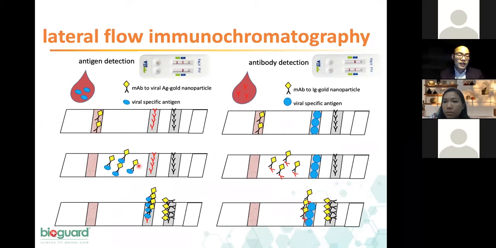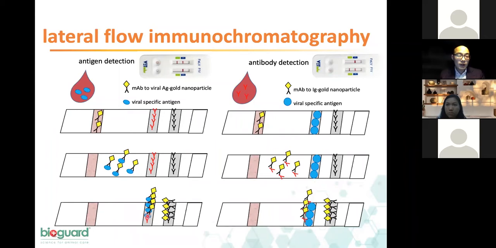When it reaches the test line, which is coated with another clone of antibodies against the same P27 antigen, it will form a complex, similar to the sandwich ELISA. You see the monoclonal antibody on the test line, then the antigen-antibody complex that flows from the reservoir here to here.